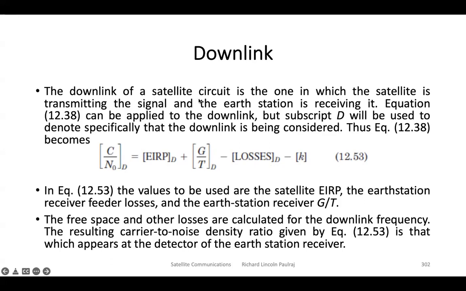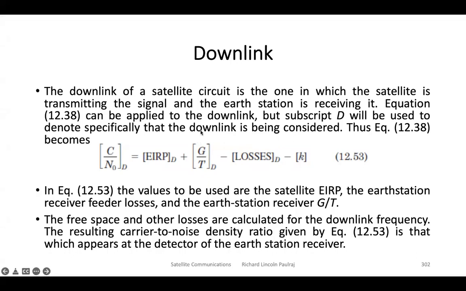The downlink of a satellite circuit is one in which the satellite is transmitting the signal and the receiver is going to be the earth station. But in uplink, it was the reverse, wasn't it? The earth station was designated as the transmitter and the satellite became the receiver.